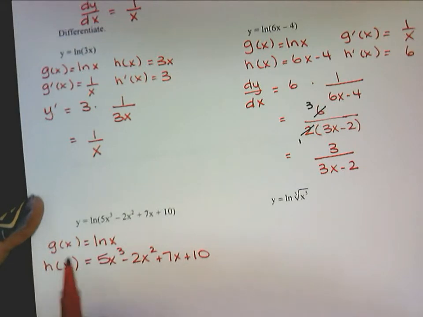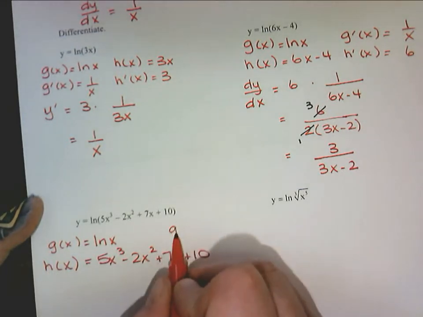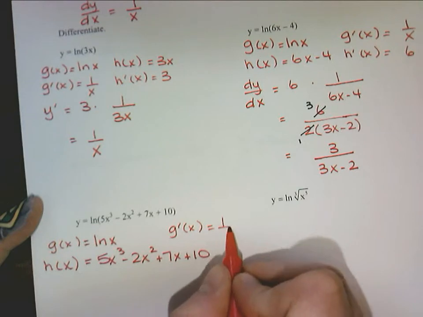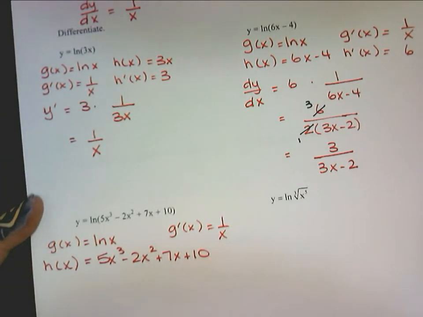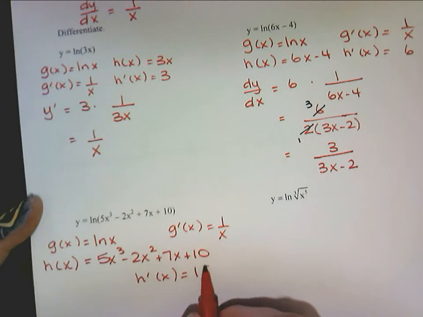I know that the derivative of g of x, g prime of x, is 1 over x. I can then take the derivative of h of x, which is h prime: 15x squared minus 4x plus 7.